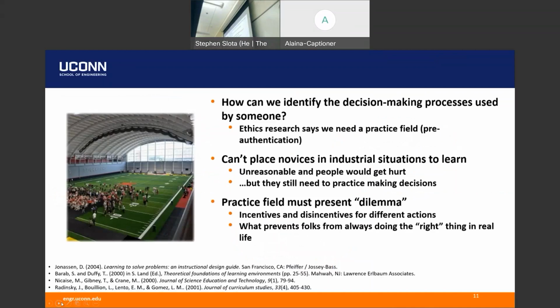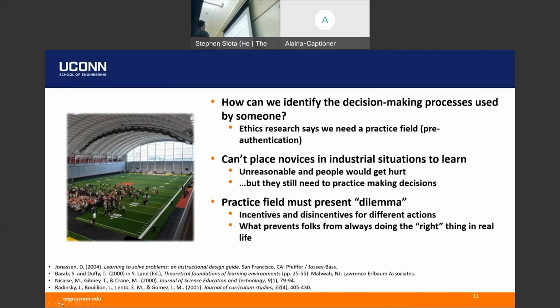But as you might imagine, I can't take a bunch of novice students, put them in a chemical plant, and say, go around and screw around, we're going to throw random things at you and you're going to make decisions, and hopefully that will all work out. That is highly unethical and unreasonable. People would get hurt, but they still need to practice making those decisions.